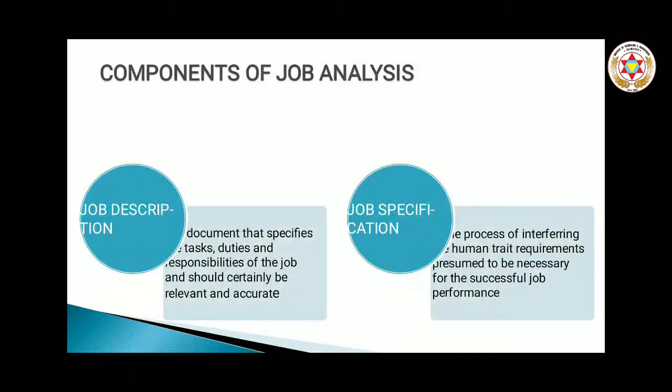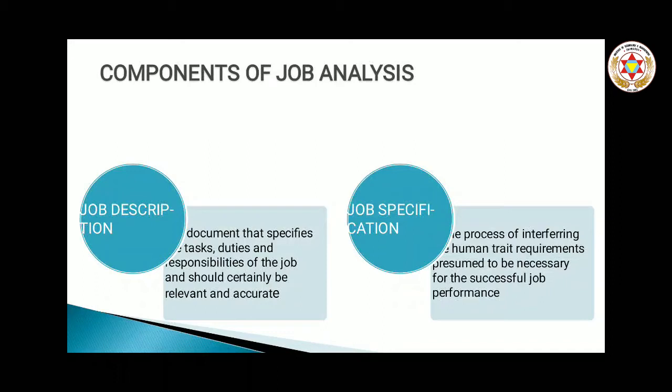The two major components of job analysis are job description and job specification. Job description is a document that specifies the tasks, duties and responsibilities of the job and should certainly be relevant and accurate. In it, the HR manager describes the various jobs, tasks and duties which are to be performed in a particular designation.